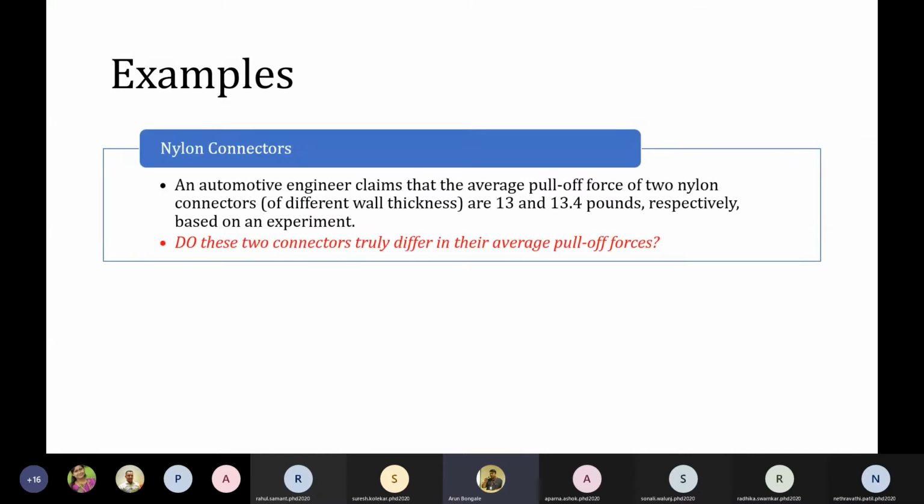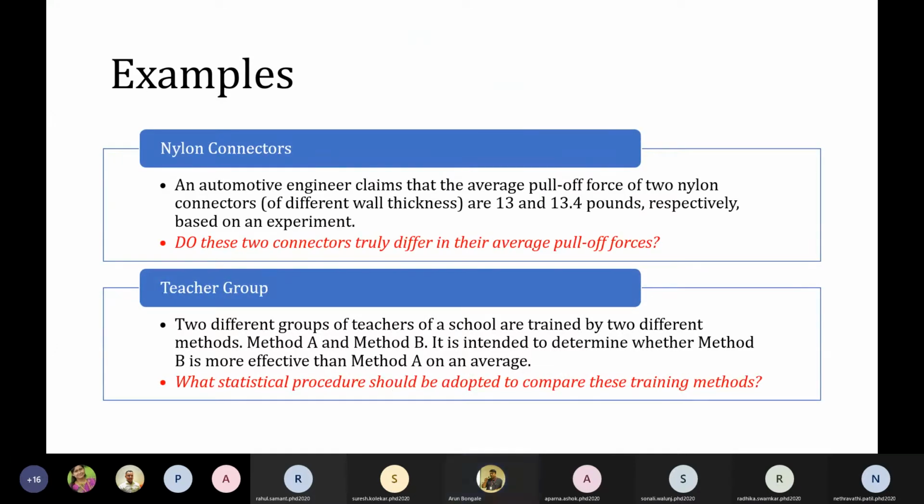Similarly, another example is with respect to nylon connectors. An automotive engineer claims that the average pull-off force, meaning the force to take out the connector, of two different types of nylon connector is 13 and 13.4 pounds respectively, based on an experiment.